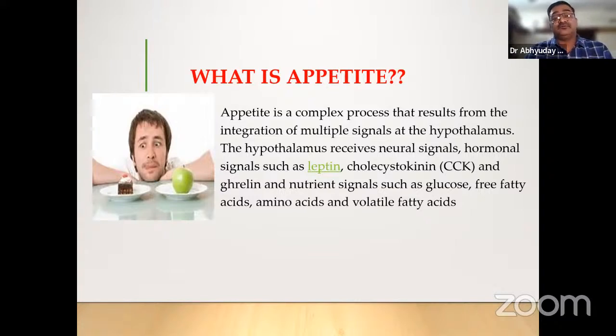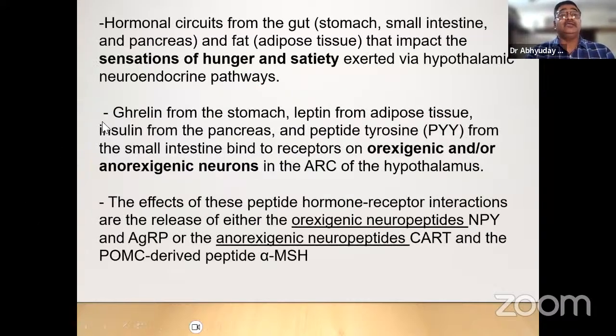The hypothalamus receives neural signals from leptin, cholecystokinin, ghrelin, and nutrient signals like glucose, free fatty acids, amino acids, and volatile fatty acids. These are some of the direct or indirect regulators of appetite, which send signals to the hypothalamus, and then the hypothalamus gives the signal accordingly.